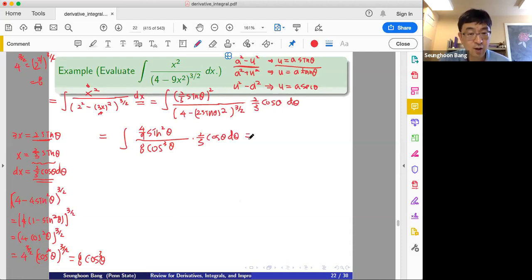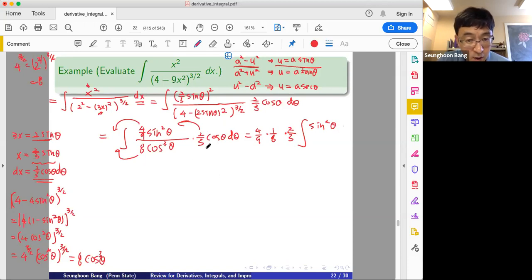So we have it. Next, take out all the coefficients, 4/9. So add a denominator 1/8 times 2/3. The top has sine squared.